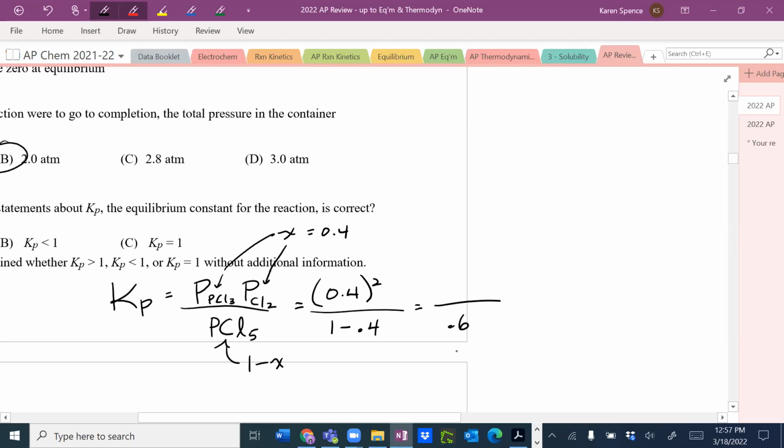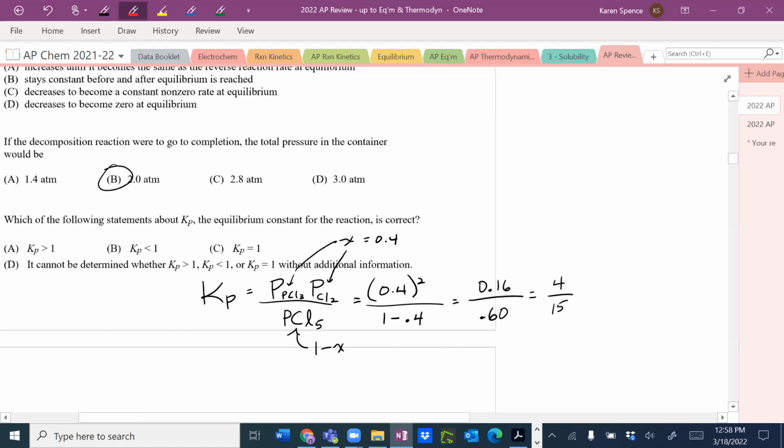And 0.4 squared is 0.16. Oh, so I don't even need to do that.